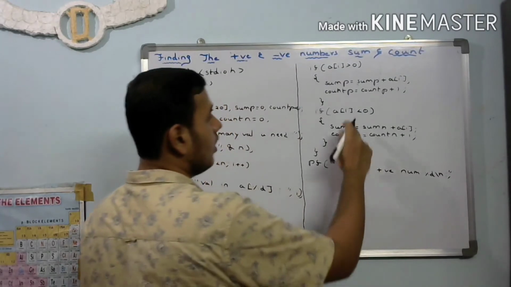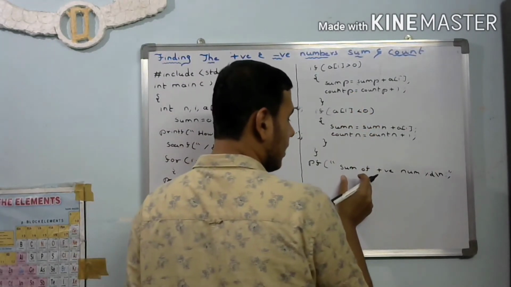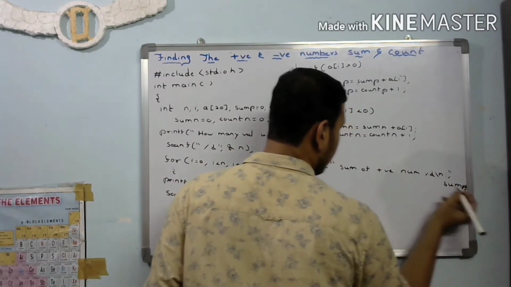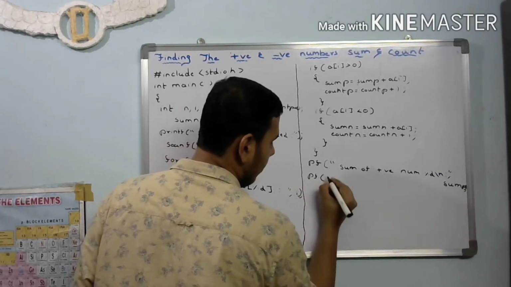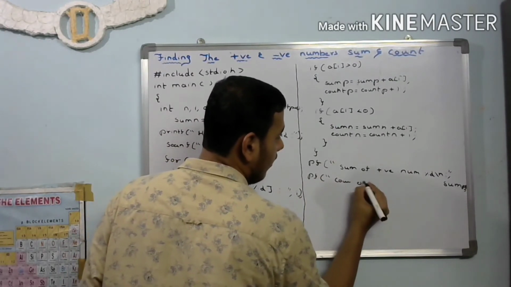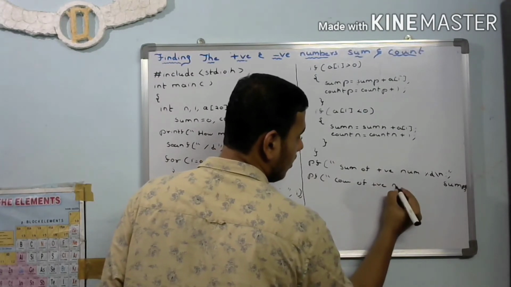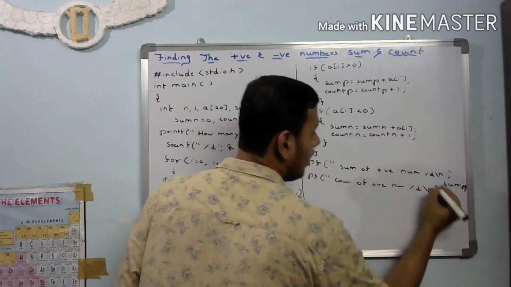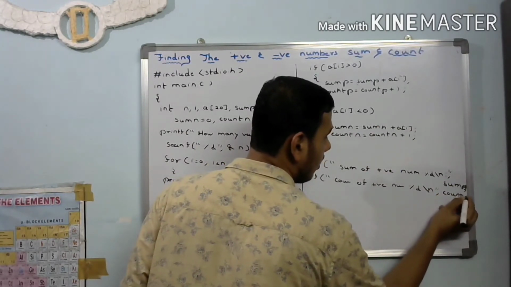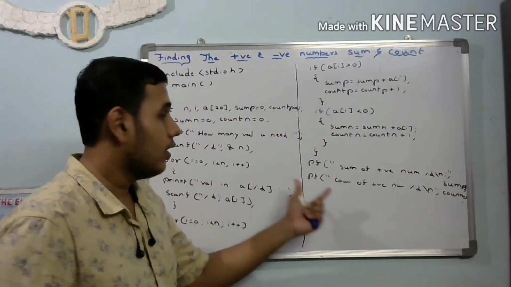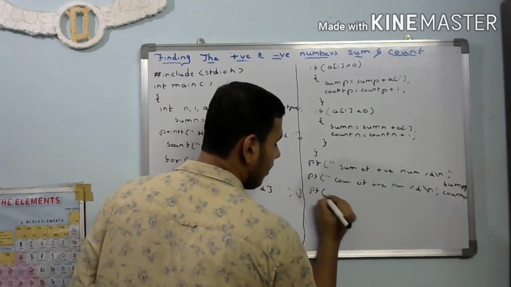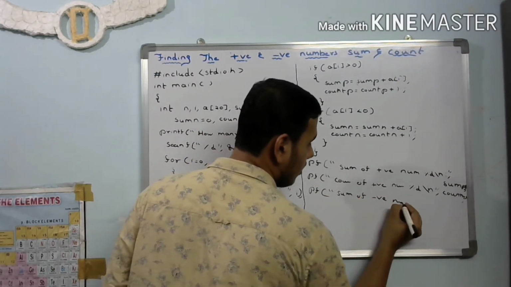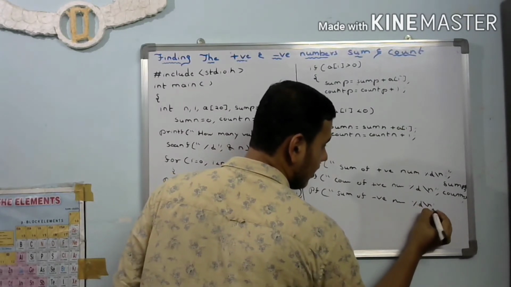Sum of positive numbers is stored in sum p. The same printf, count of positive numbers percentage d slash n, count n. Same printf, sum of negative numbers percentage d slash n, sum n.